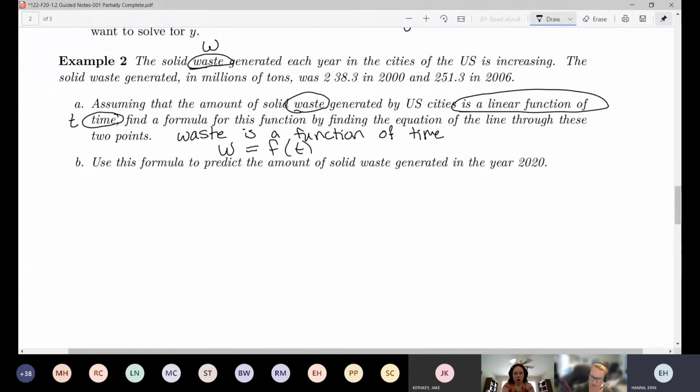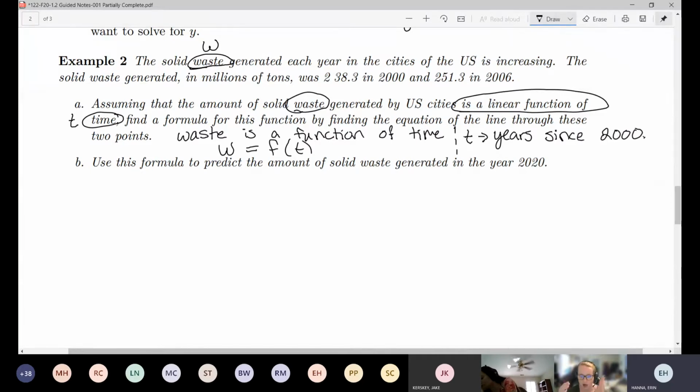One last thing I want to do before we even get started with the actual problem is let t be years since 2000.